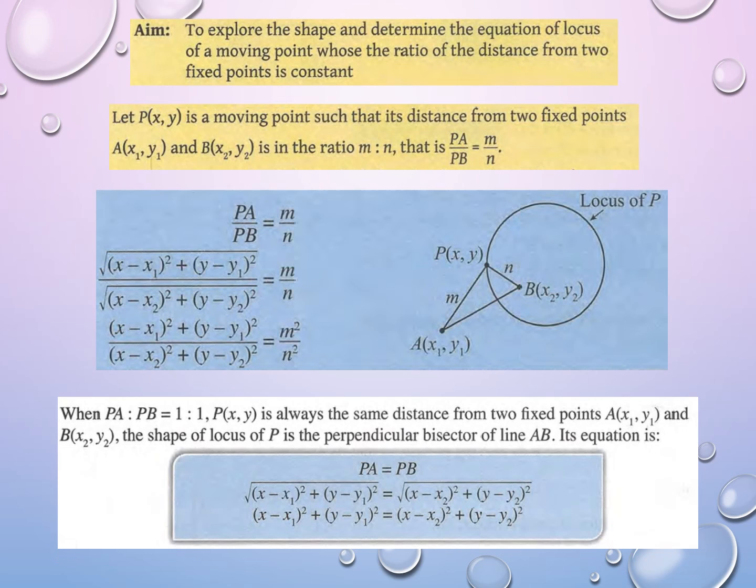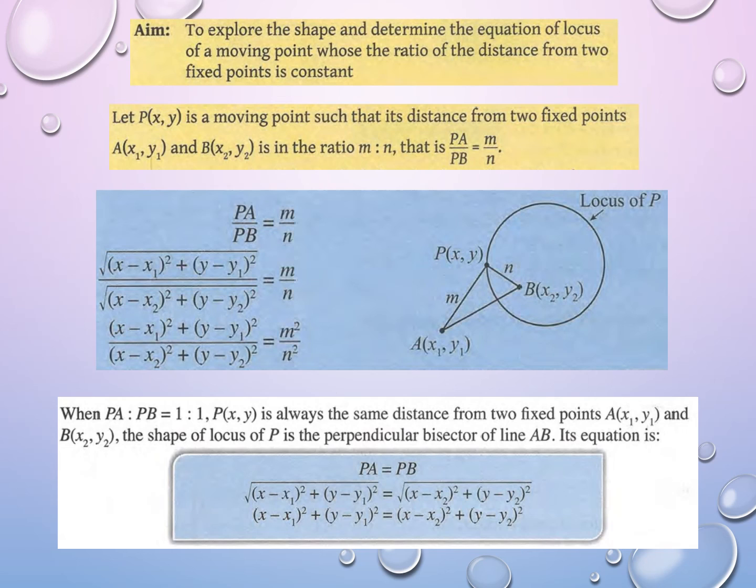So it will be here, and this point will be like this. Yes, bisector. No matter where the point P is, as long as it is on this line, it's always the same distance. Oh, sorry, it's over here, the center.